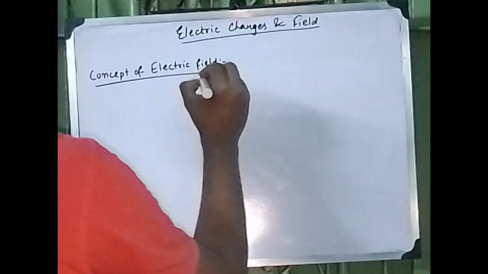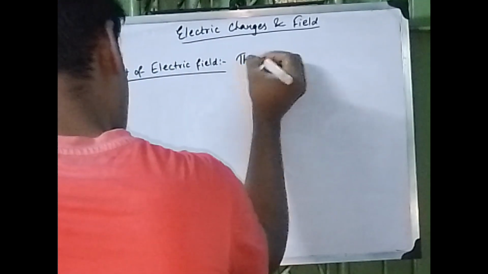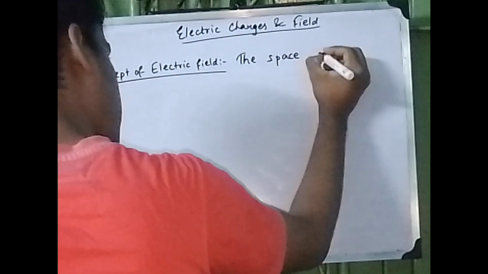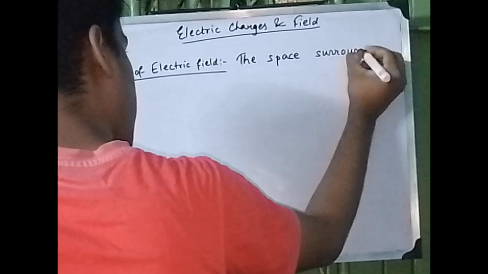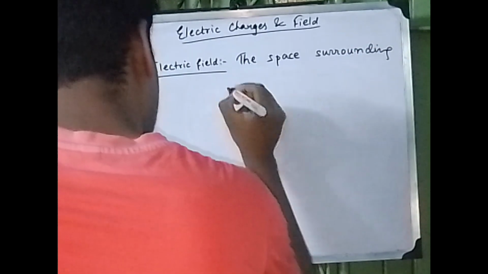Let us consider an electric charge Q located in space. If we bring another charge Q naught near the charge Q, then what will happen?